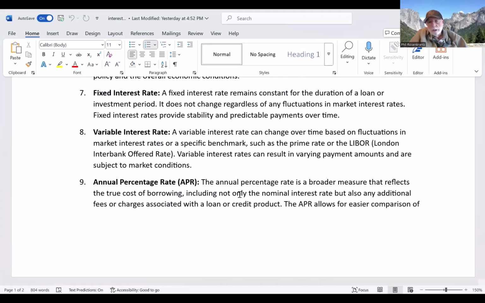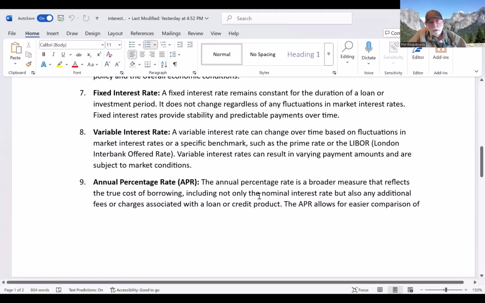What it refers to is sometimes when you're borrowing money, your payments aren't based just on how much you're borrowing, but it's based on how much you're borrowing plus any fees they have attached to it, like loan initiation fees, etc. And what that has a tendency to do is raise the interest rate on the loan, and that is the annual percentage rate, APR. You'll see that a lot when you're buying a car, for example.